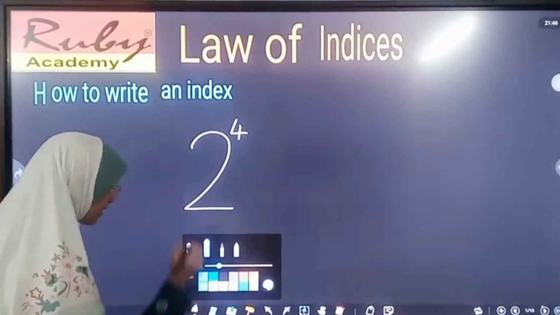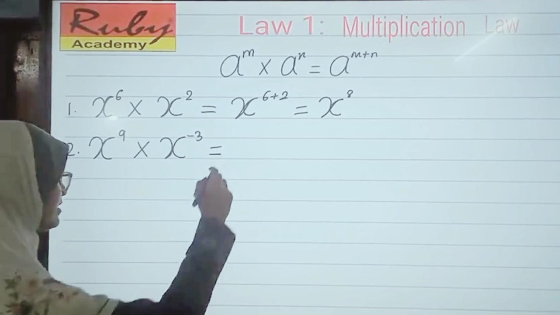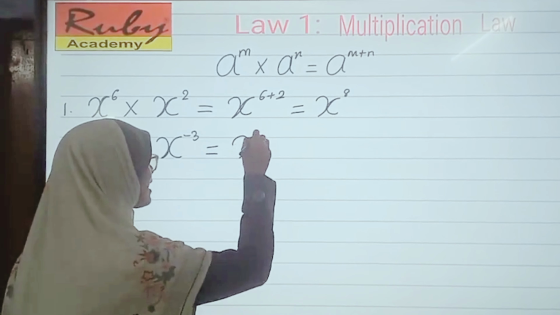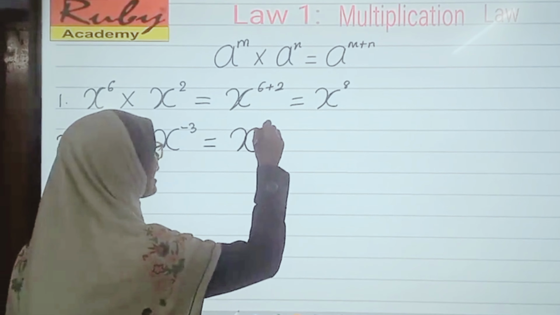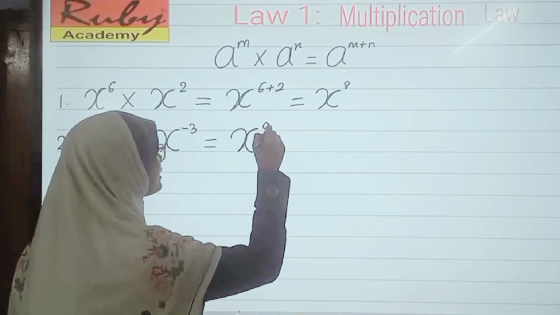Now let's take another example of a negative power. For example, x raised to 9 into x raised to minus 3 is equal to, now we follow the same method, add the powers. So x raised to 9 plus minus 3.